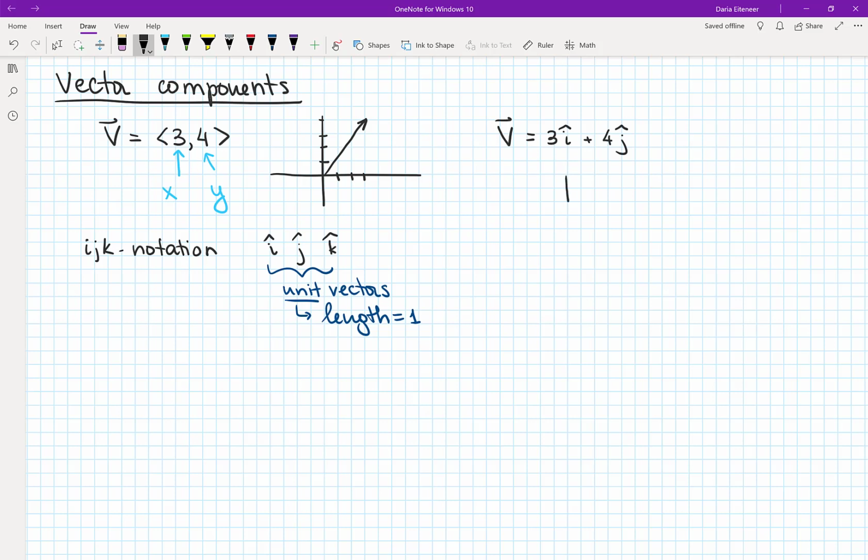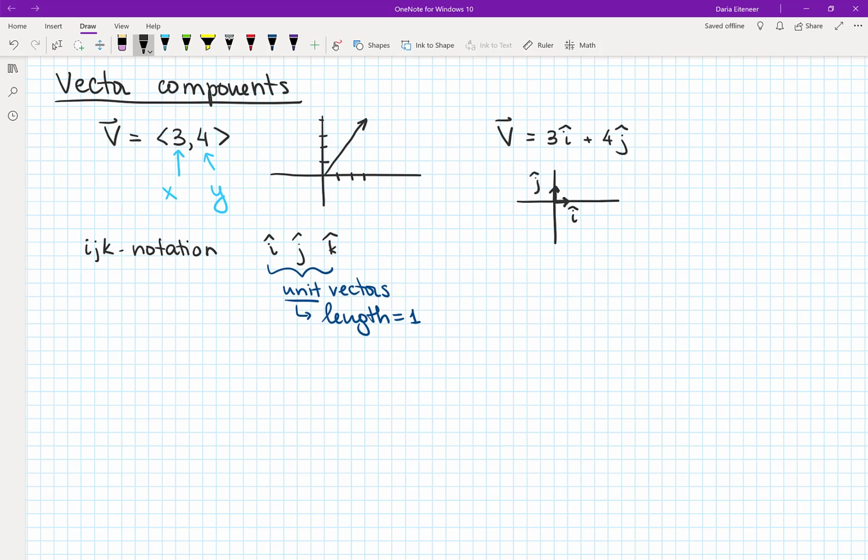So ijk, well, right now I'm not going to worry about k. I hat, actually, let me draw it like this. If I had a coordinate system, i hat is a vector that has unit 1 in the x direction, and j hat is the vector that has unit 1 in the y direction.